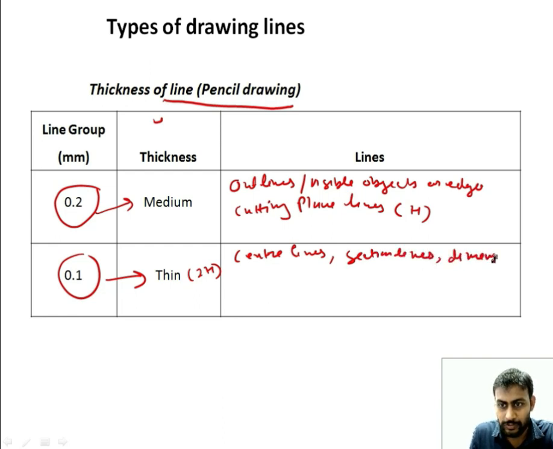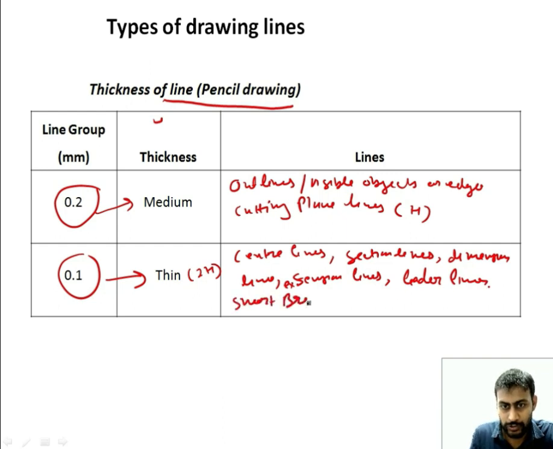Dimension lines we already discussed, and you can use extension lines, leader lines, and short break lines or long break lines. So these are all represented according to the thickness of the line.